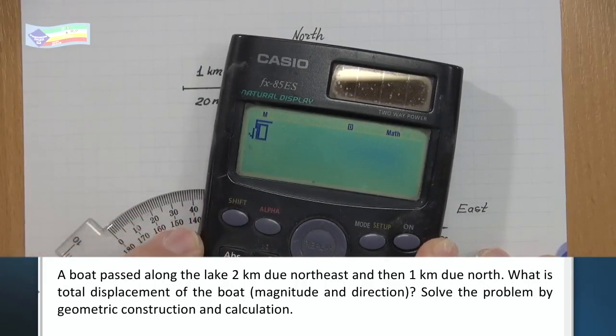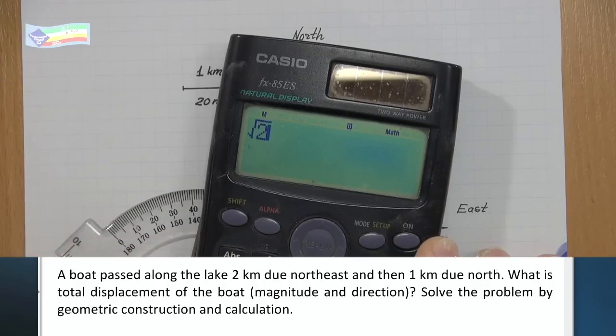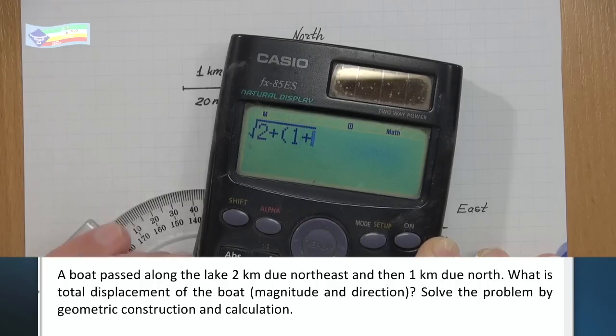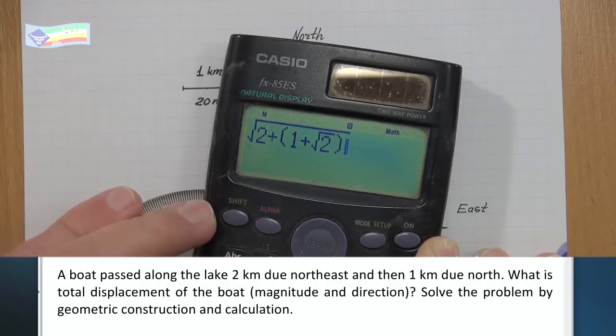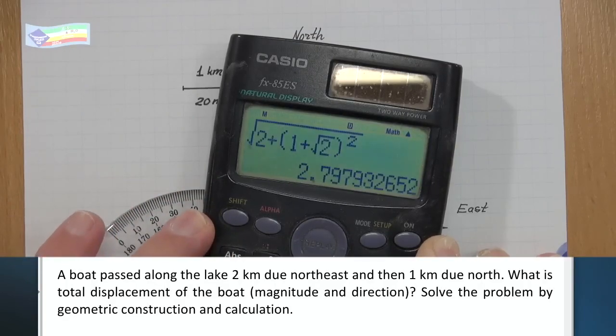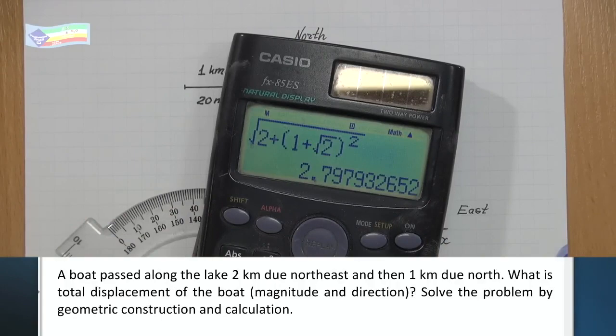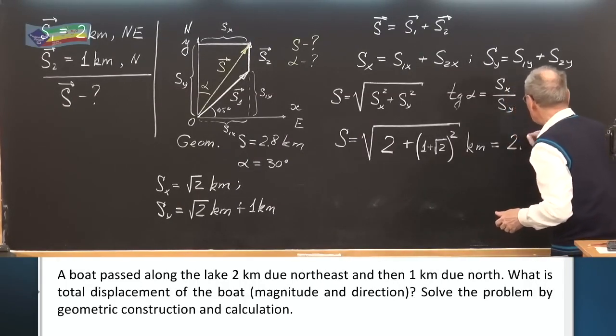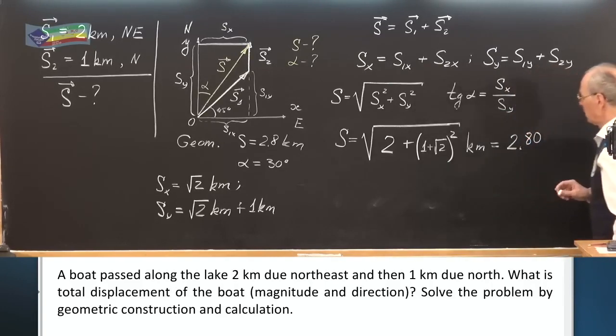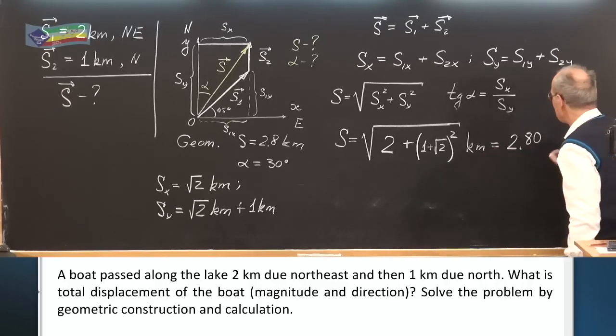Root of 2 plus bracket 1 plus root of 2 squared gives us 7.83, so 2.80. We should round this result, kilometers.